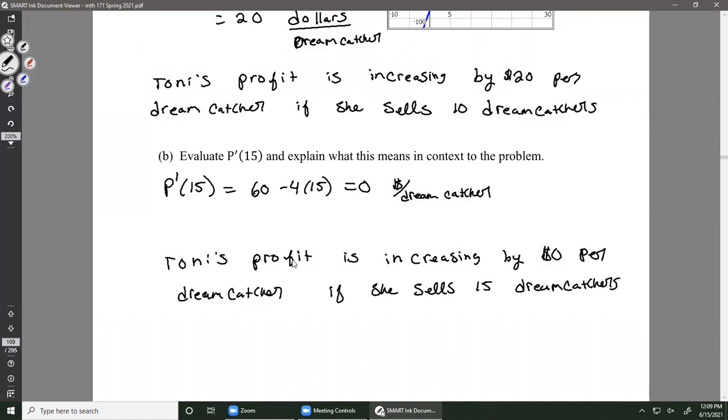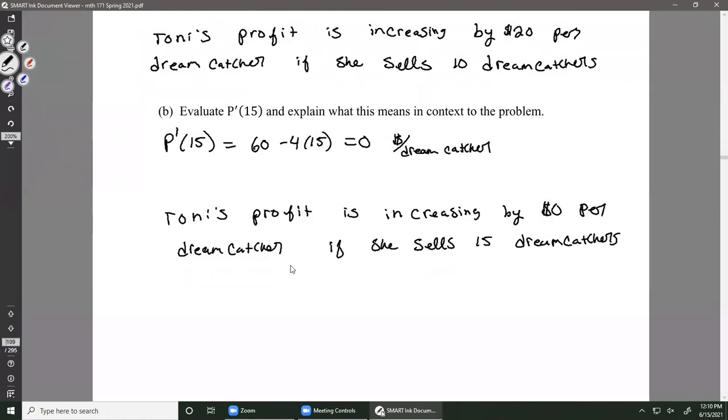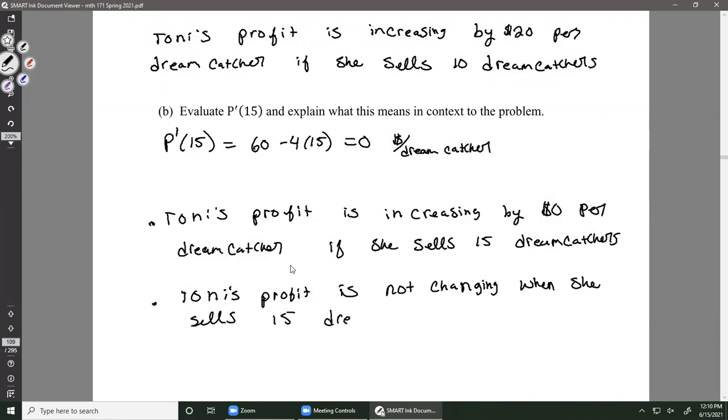Whenever I say she sells, I have to be really careful. Okay. So is it really increasing if it's 0? No. So what we could really write is Tony's profit is not changing when she sells 15 dream catchers.